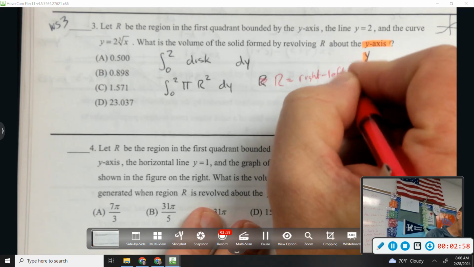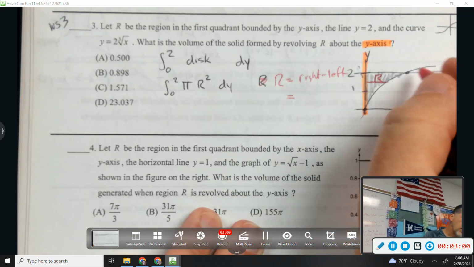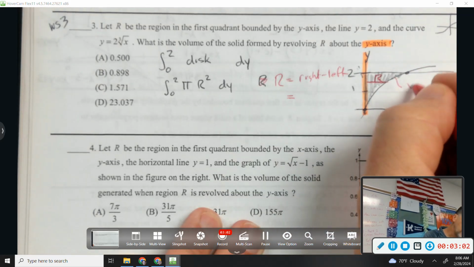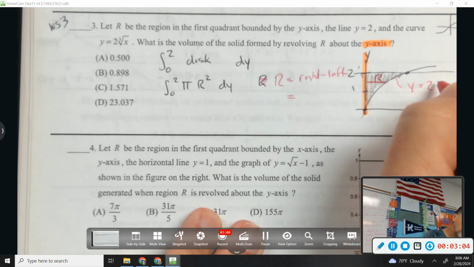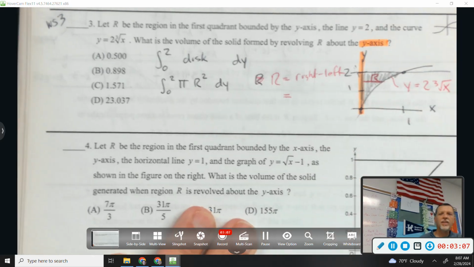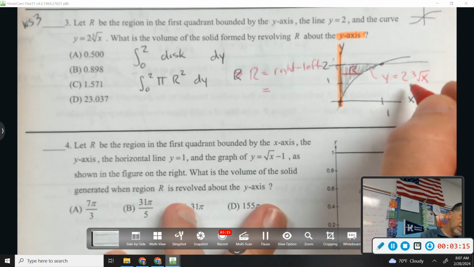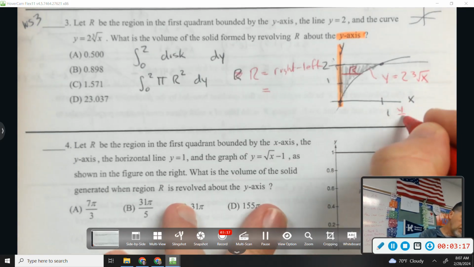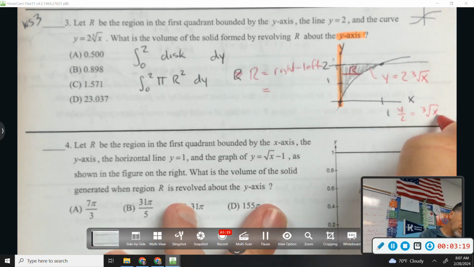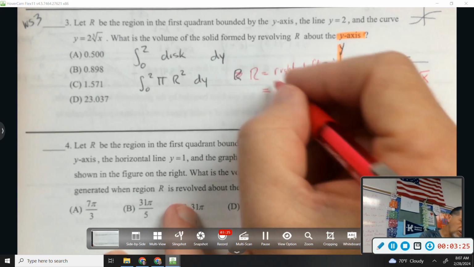So right minus left. Right is this curve, which is 2 cube root of x. But what don't I like about that, or what do I need to adjust on that? I need to turn it into a y. So let's divide by 2, and then cube both sides. So y over 2 cubed is r.